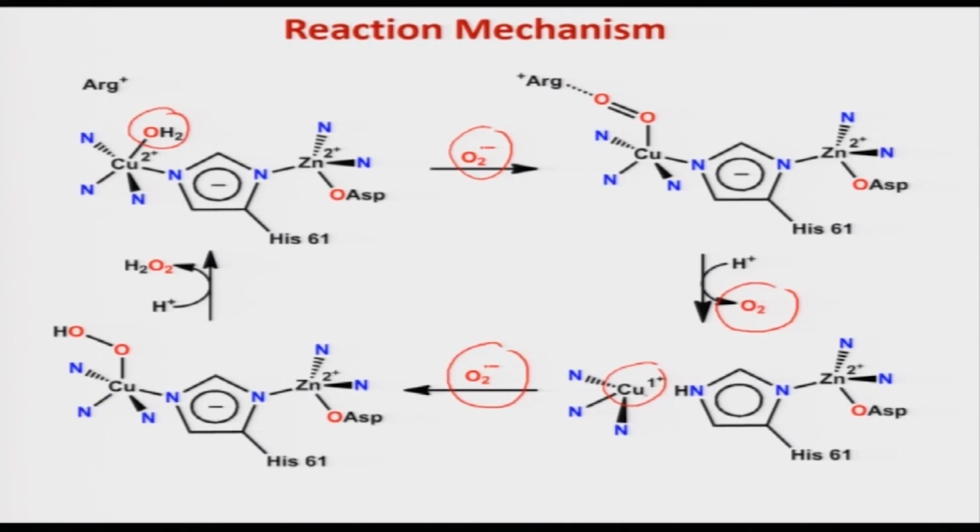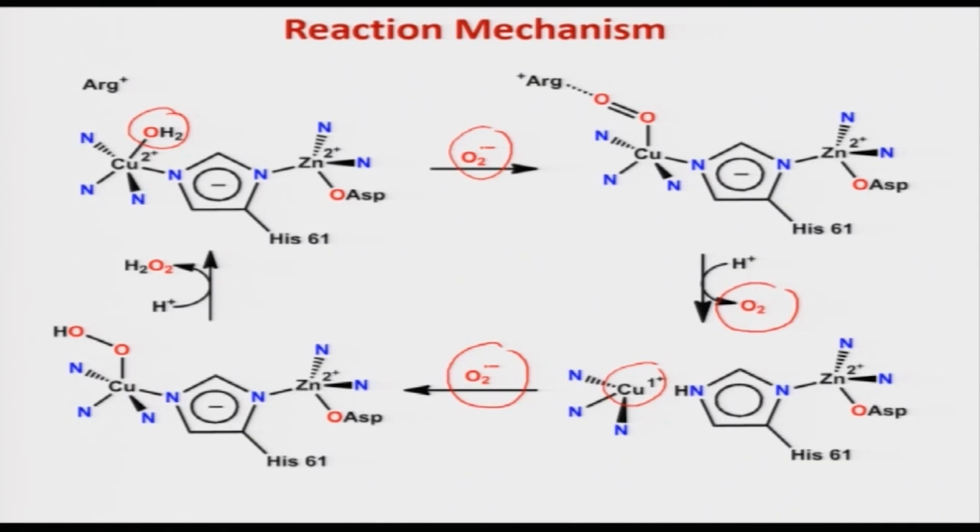This copper 1 is oxidized to copper 2 plus, while superoxide is reduced to peroxide, O2 2 minus, and as you can see, this peroxide is very weakly coordinated, and a water molecule immediately replaces this peroxide and gives rise to hydrogen peroxide, and water comes back, and this catalytic cycle starts its action once again.